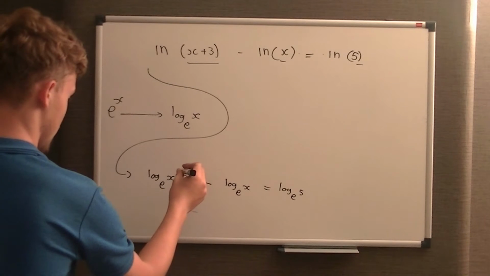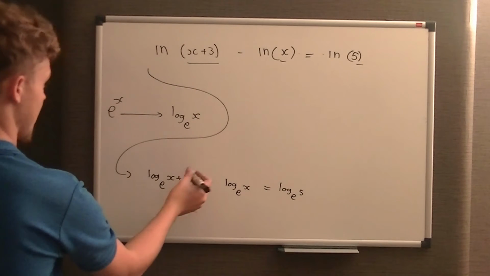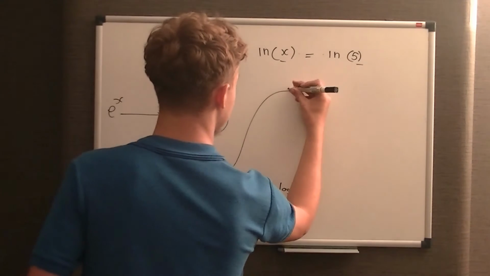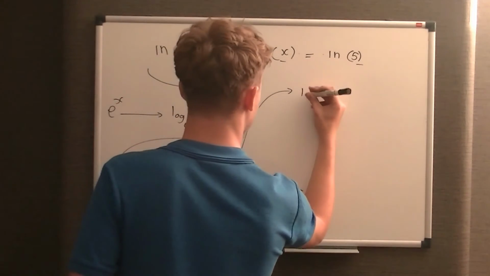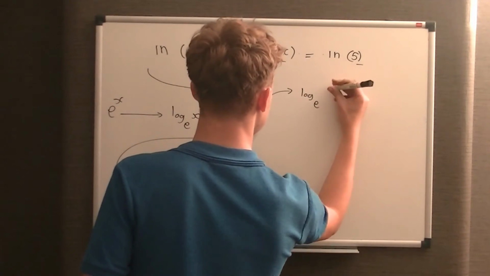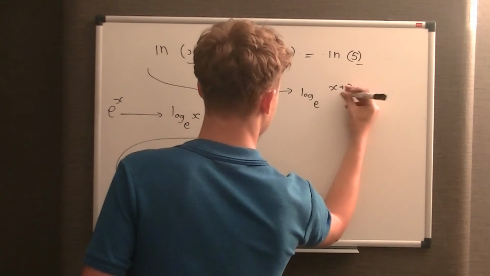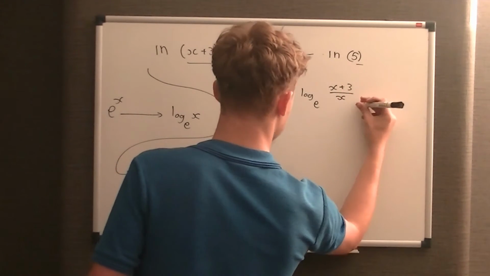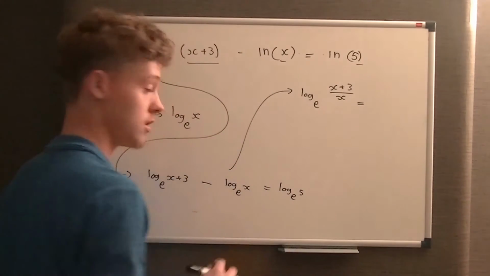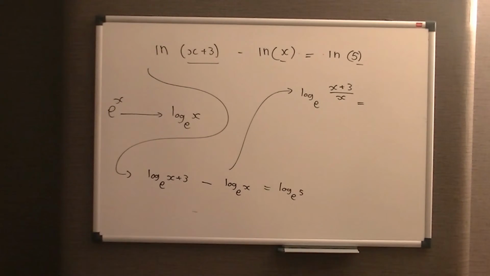the x's, I should know what they're called. So log e of x plus 3 over x equals, and then we need to do log 5 in base e. So give me a minute to do that, because that's what that equals there.